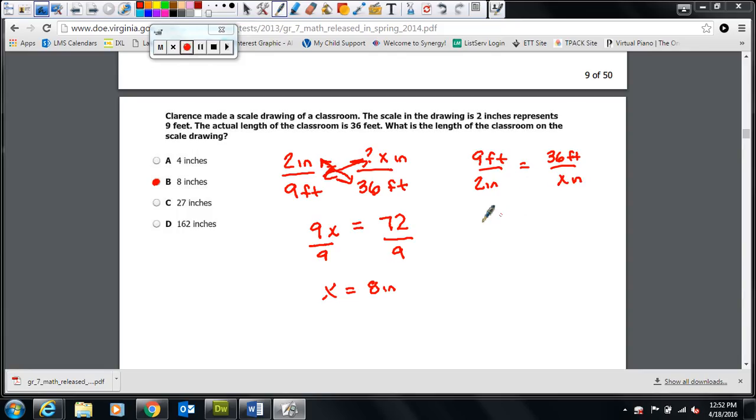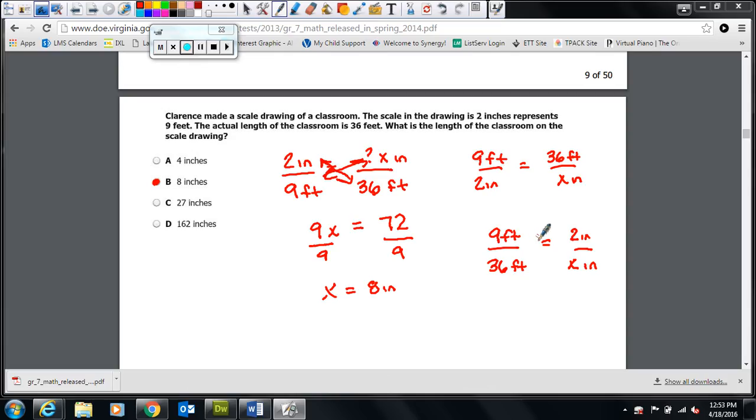Another way we could have said this is, 9 feet is to the 36 foot measure as 2 inches, remember the 2 went with the 9, is to the unknown, or the x inches. That unknown went with the 36.